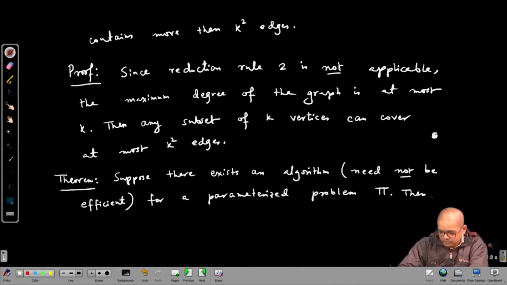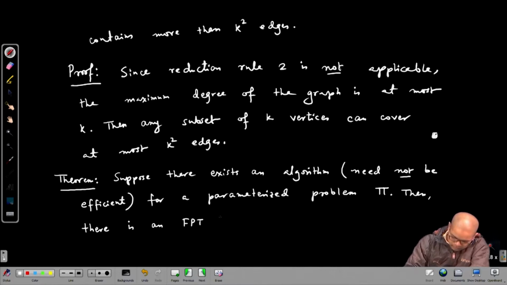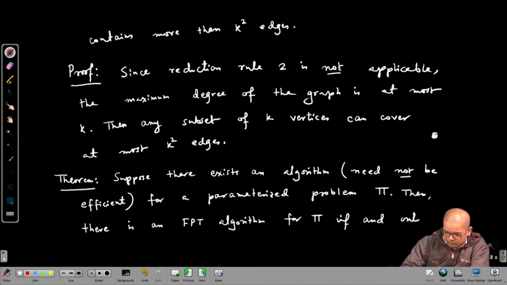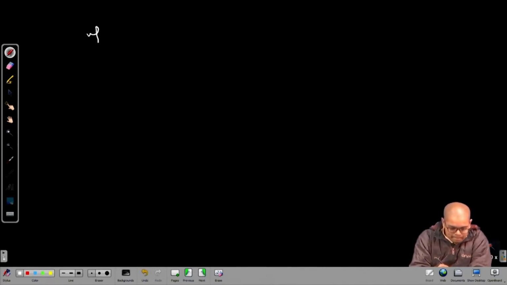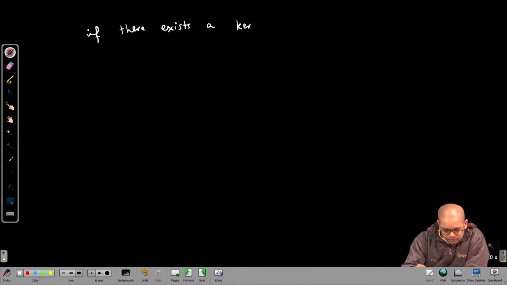Then there is an FPT algorithm for pi if and only if there exists a kernelization algorithm for pi.